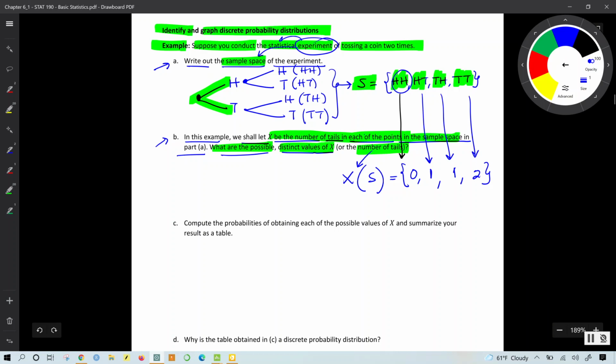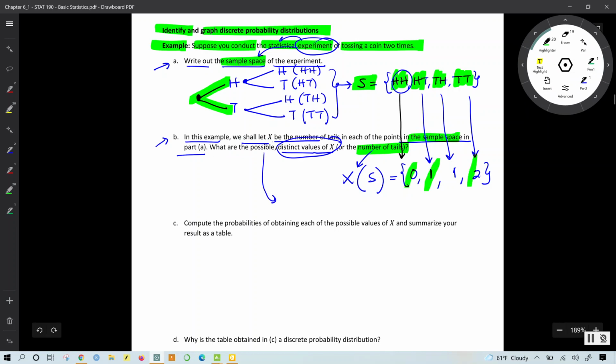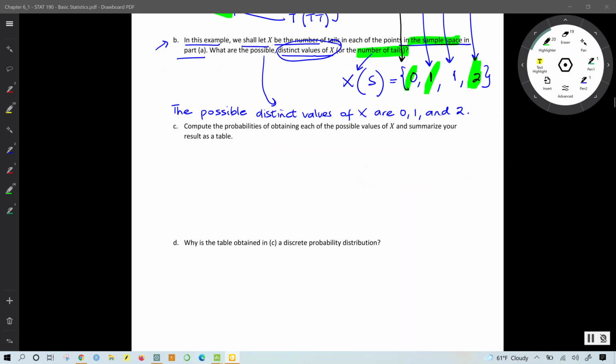We have listed out the values of X, but in particular, the possible distinct values of X are actually 0, 1, or 2. So that question is answered. In other words, in our final submission, the possible distinct values of X, or possible number of tails, are either 0, 1, or 2.